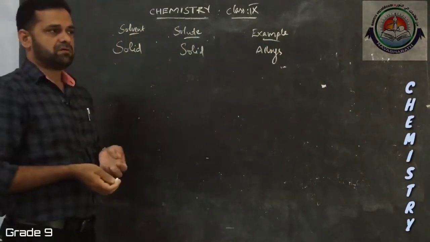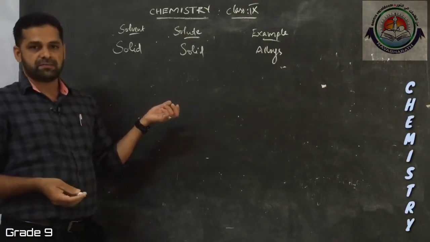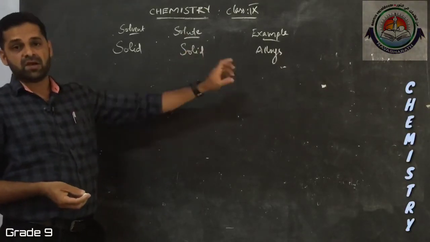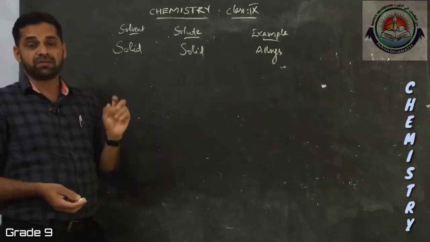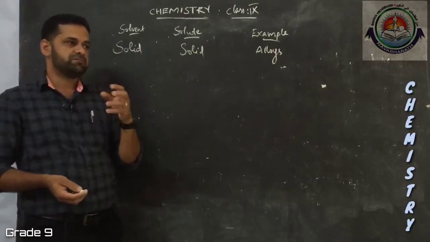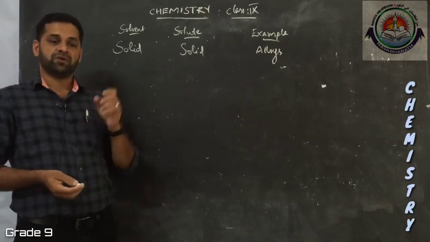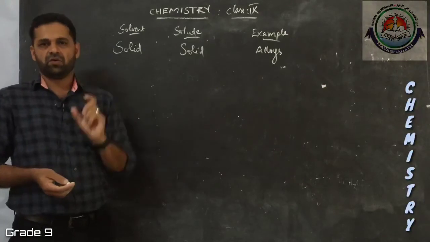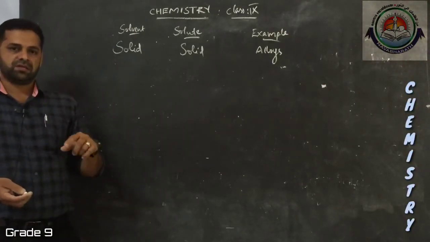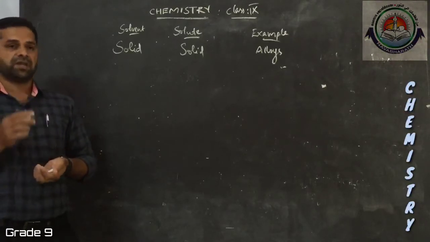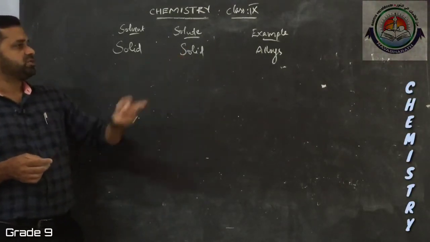I told you that brass is a mixture of zinc and copper, then bronze, then even gold ornaments also use copper, because in order to strengthen that ornament. So it is a mixture of copper and gold, it is also an alloy. So alloys are an example for solid solute and solid solvent.